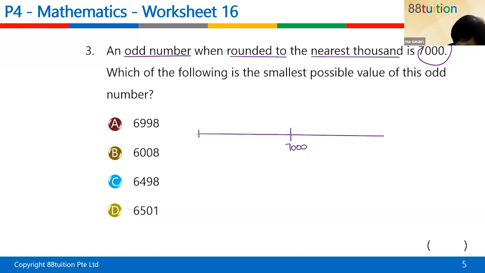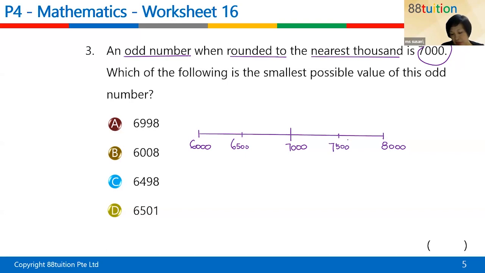So the one in front and the one at the back is 6,000, then 8,000. Correct? So now we are going to look for the midpoint, 6,500 and 7,500. Why do I need this? Because this is the guide that tells me where they will move to when rounding off to the nearest thousand.